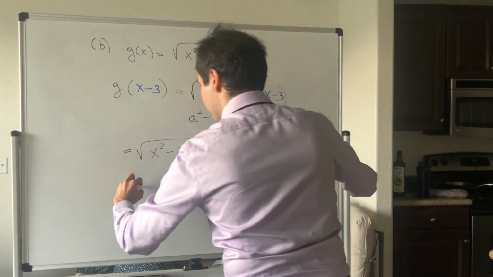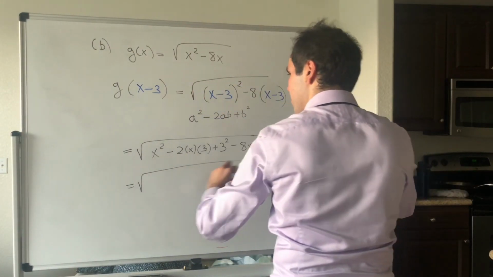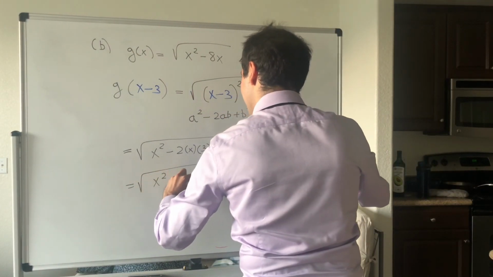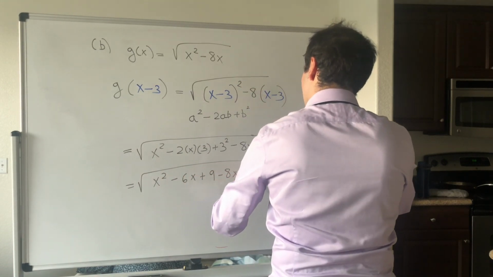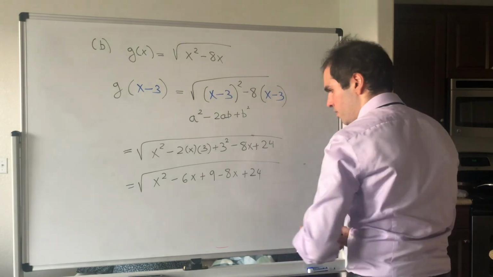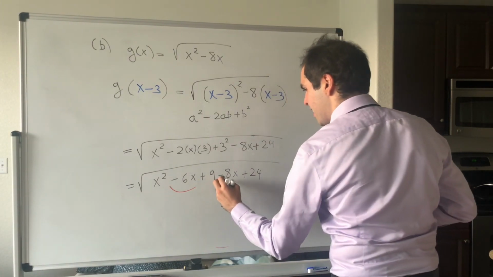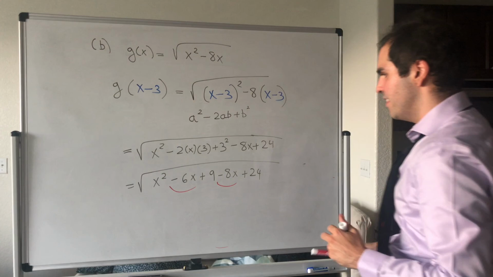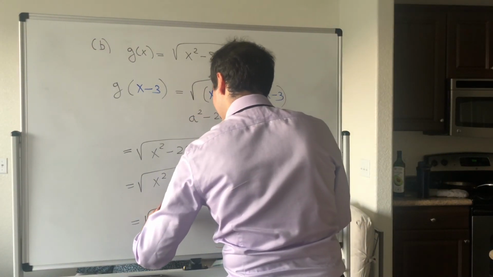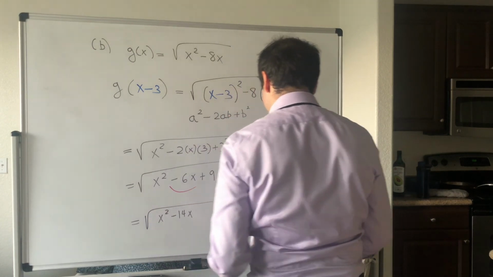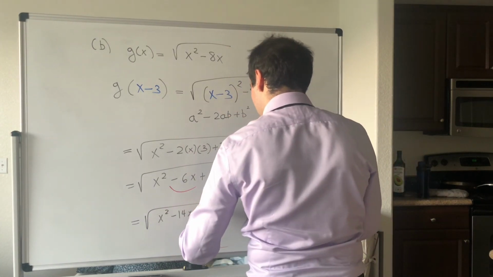This becomes square root of x squared minus 6x plus 9 minus 8x plus 24. Minus 6x minus 8x becomes minus 14x, so x squared minus 14x, and then 9 plus 24 becomes 33.